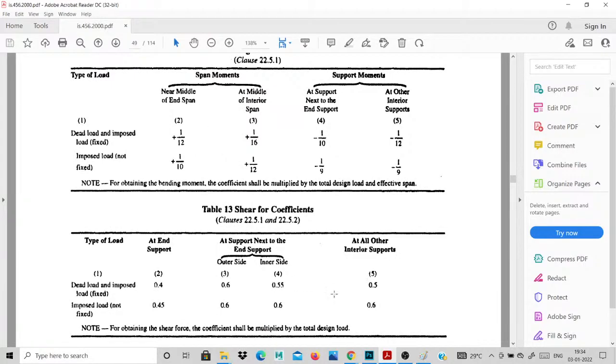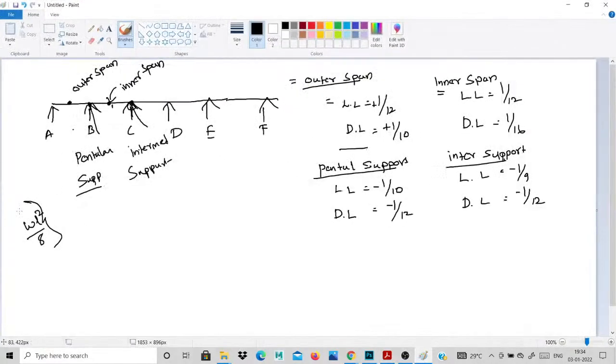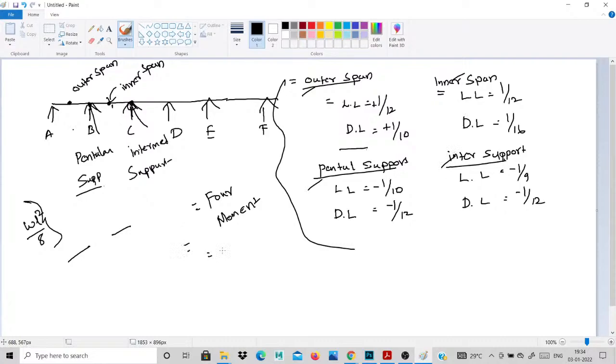Now it's clear how to calculate your bending moment for one way. Simply supported has a single formula, but for one way continuous you calculate four moments: outer span, penultimate support, inner span, then interior support. Then you calculate the Ast values for your one way slab.